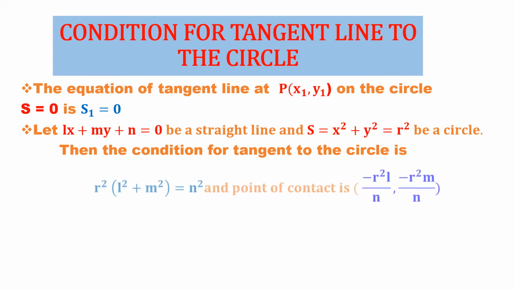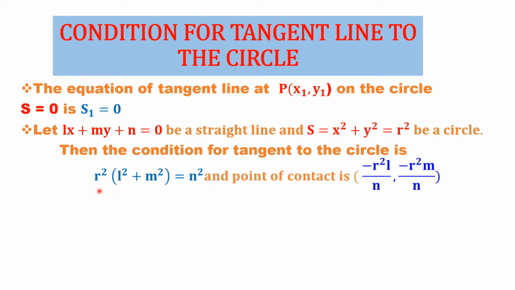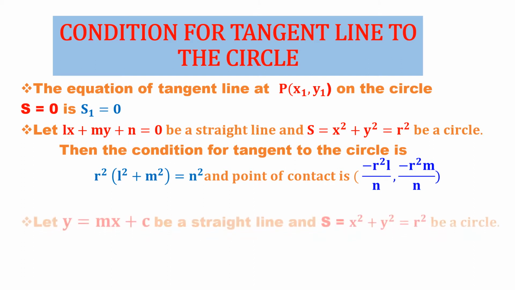So the condition is r square into (L square plus M square) equal to N square. And the point of contact is (minus r square L by N, minus r square M by N). So this is the tangent condition and this is the point of contact to the circle S equal to 0, and the given line is Lx plus My plus N equal to 0.